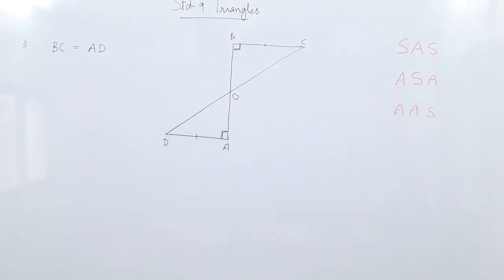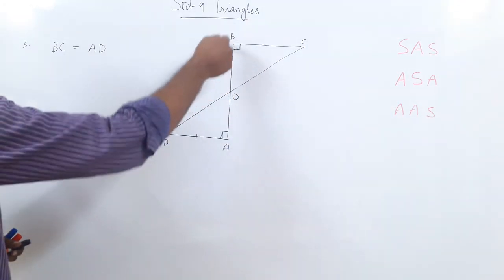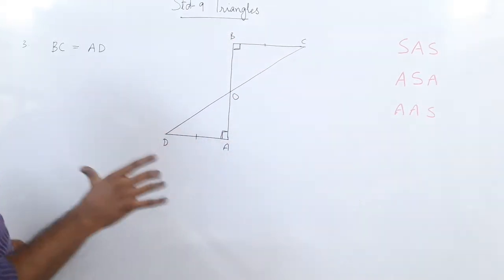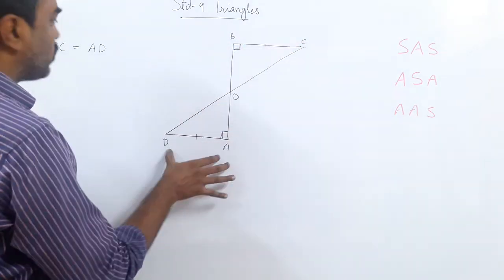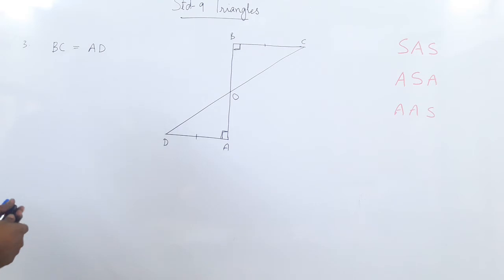Okay. So what is the question asked here? The question is telling us we have a line segment AB and BC and AD are equal perpendiculars. Equal perpendiculars means they are equal and they are perpendicular also, means they both make 90 degrees.